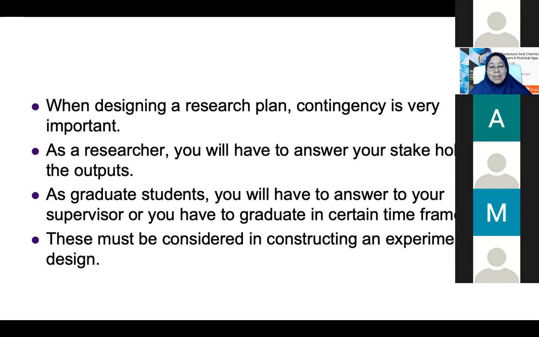So these are the things that I have to anticipate, that the students quit the project. They move to other projects, or they change universities. So how do I answer my stakeholders? I cannot just say that my students quit, so I cannot do the research, I cannot finish the project.